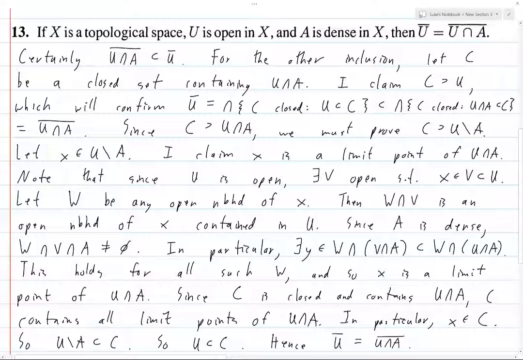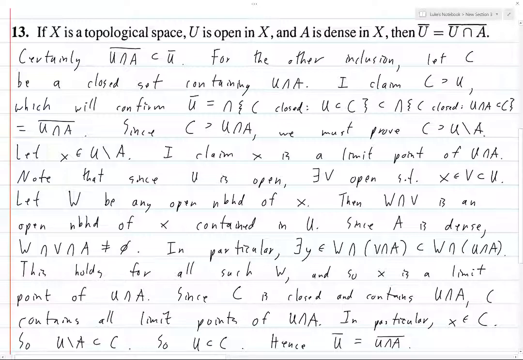And yeah, an interesting question that I thought of while I was thinking through this solution is, why do we need U to be open? I guess the real reason is we need x to be a limit point.